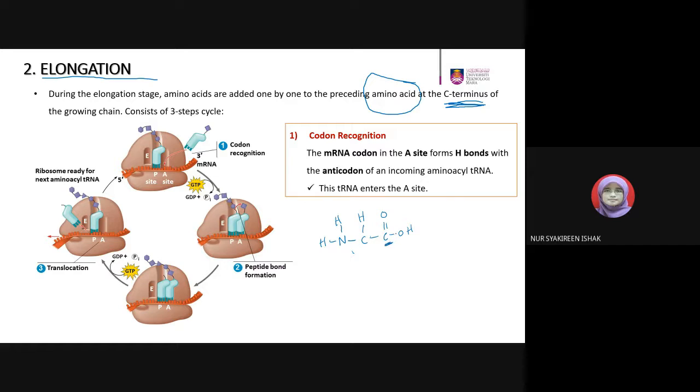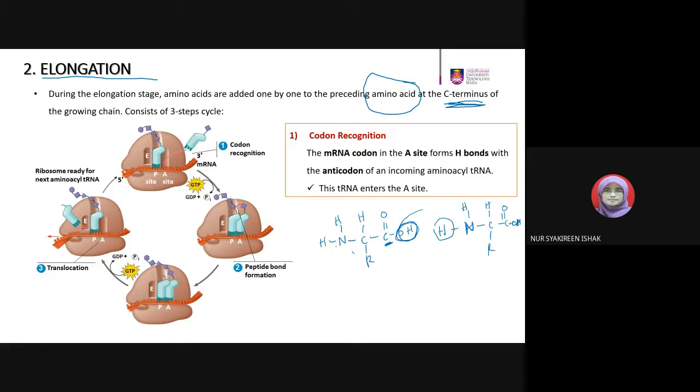Whenever you want to add a new amino acid to the growing polypeptide chain, a process of polymerization happens, involving hydrolysis. It will remove the OH of this amino acid and the next amino acid. Where is the R group? The R group is here. I forgot it there. Okay, R group. So it will remove.